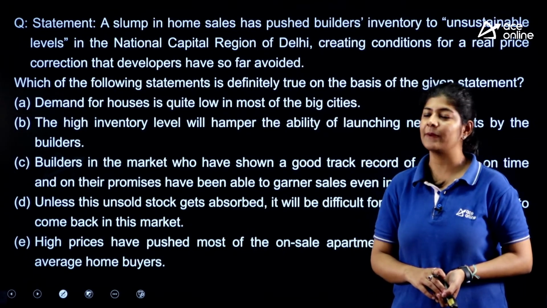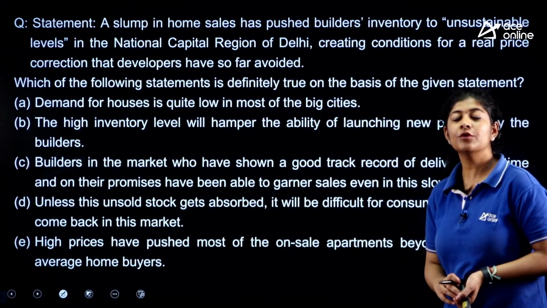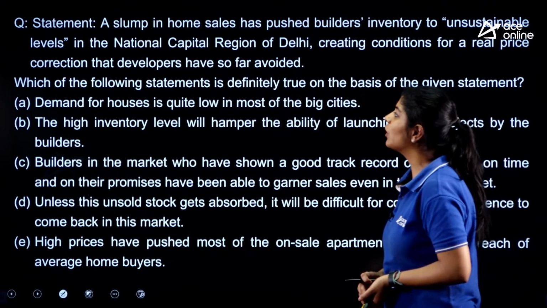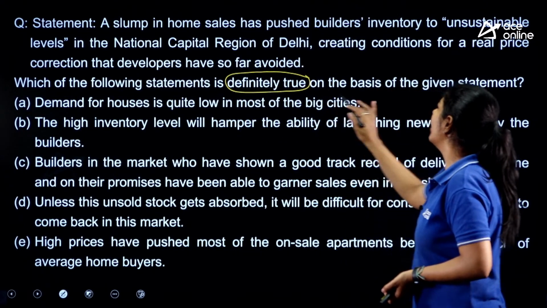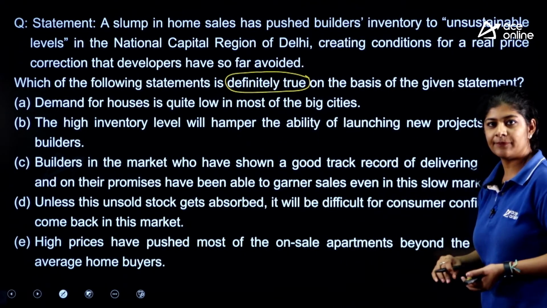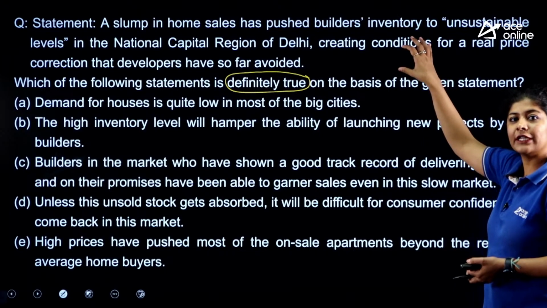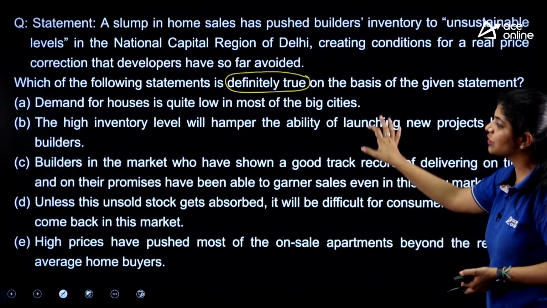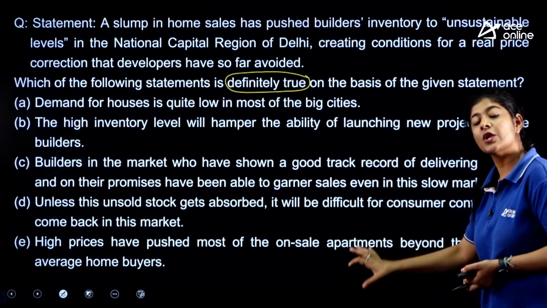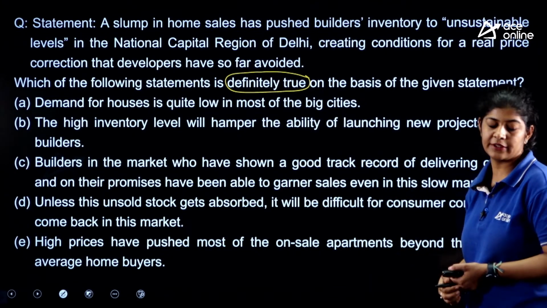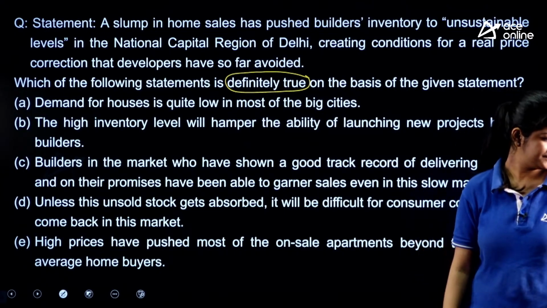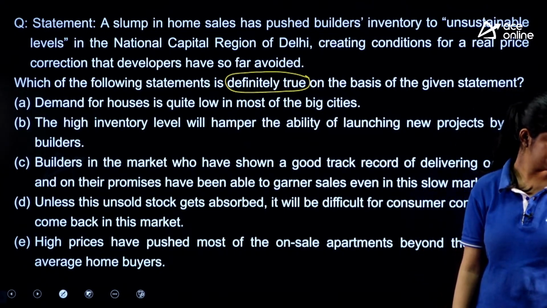This is my statement. Now, we have to find out which of the following statements is definitely true on the basis of the given statement. Accordingly, you simply need to check all these options and select which one is definitely true.